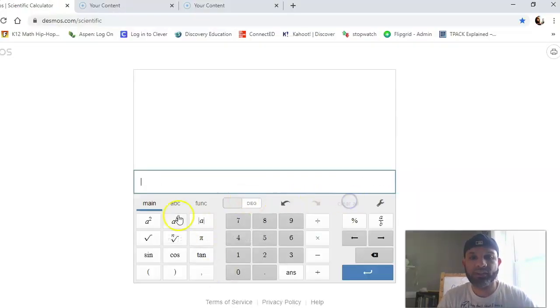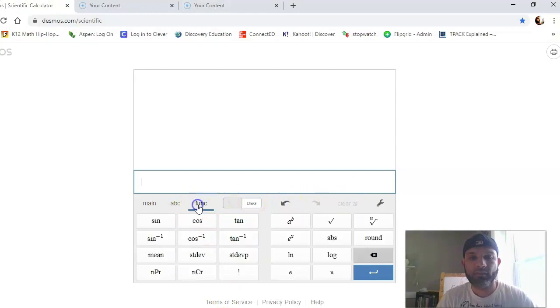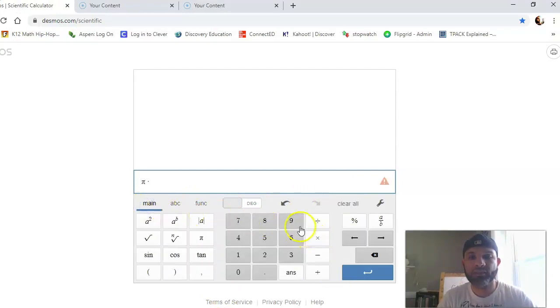I'm going to clear this. Pi times 9 squared. Yeah, pi times 9 squared. And here we see it's 254.469, so we're going to round it up to 254.47.